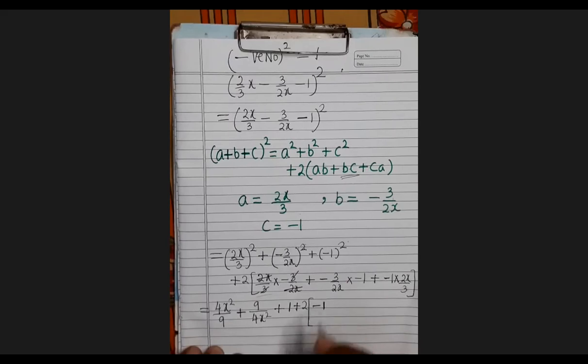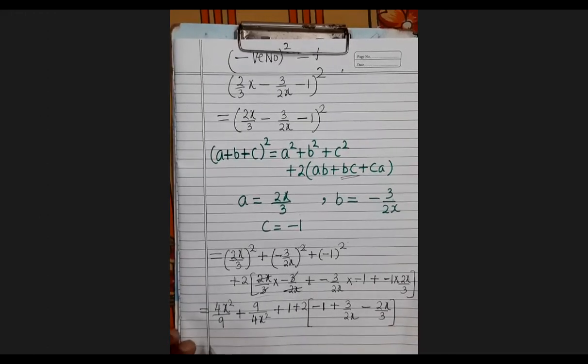Minus 1. Then here second term, minus into minus is plus, plus into plus is plus. So it is plus 3 upon 2x. And then plus into minus, minus 2x upon 3.